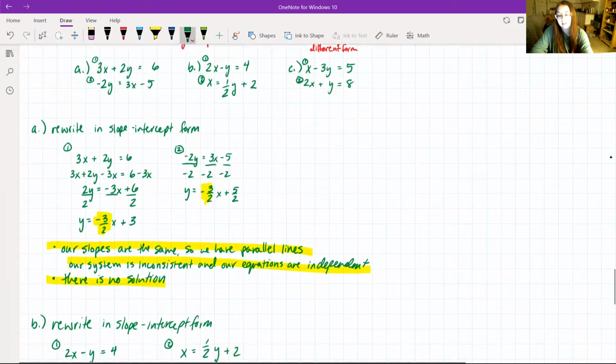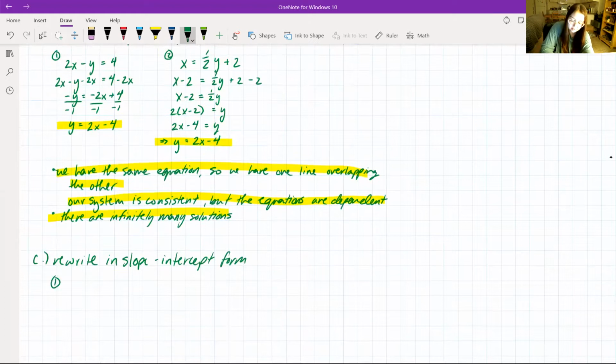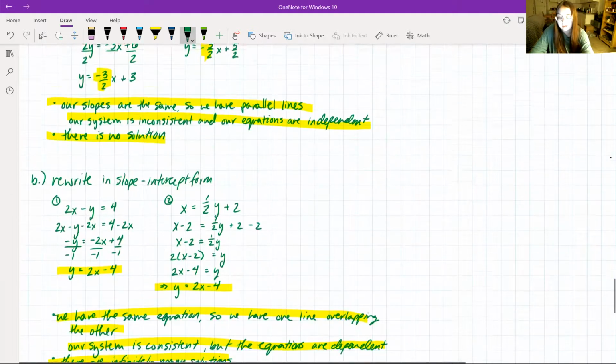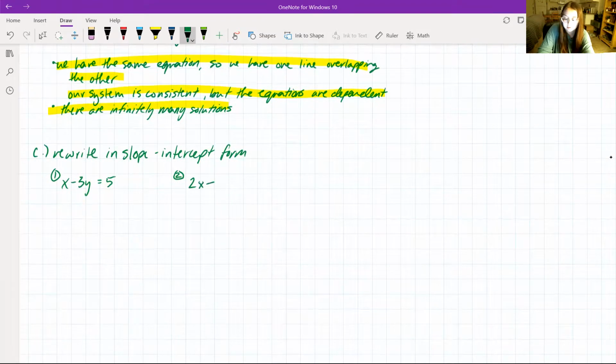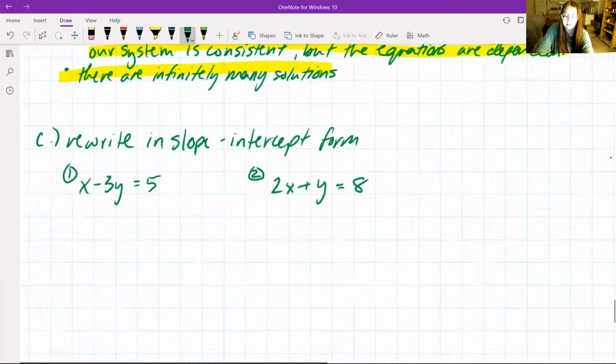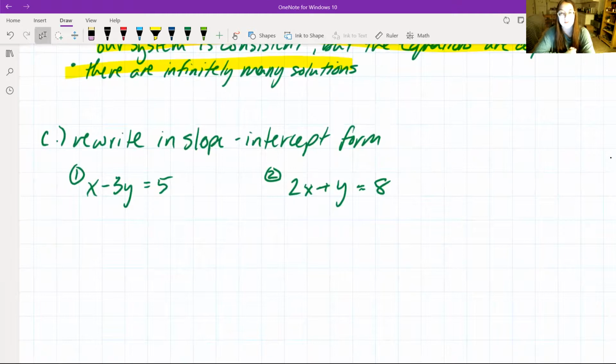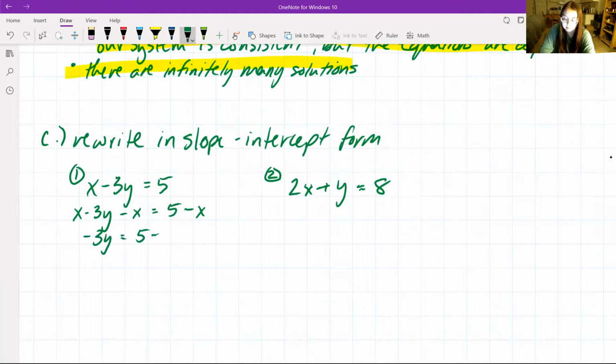So our first equation is x minus 3y is equal to 5, and our second equation is 2x plus y equal to 8. Let's write these in slope-intercept form. In our first equation, we want to isolate y, so we subtract x from both sides. So we get negative 3y is equal to 5 minus x.